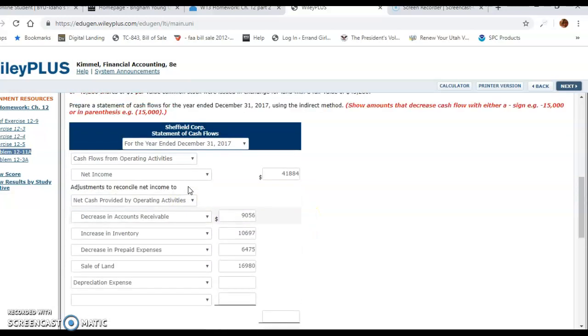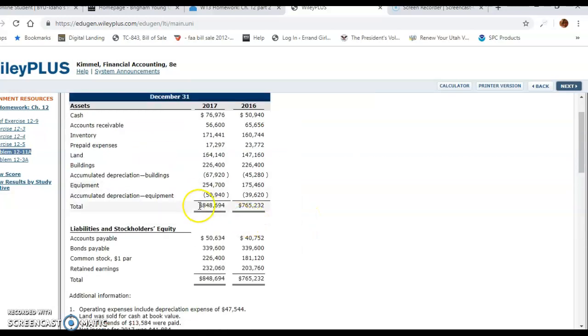Now I'm kind of at a little standpoint. I'm not sure what to do with the depreciation expense. I don't know whether I need to add the building and the equipment together after I've subtracted them, and I had just done that.